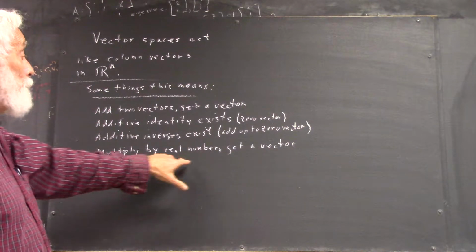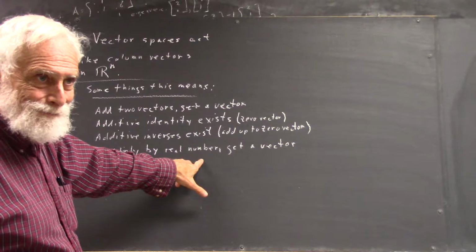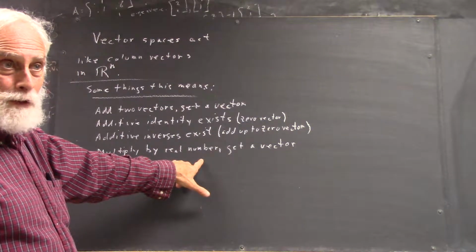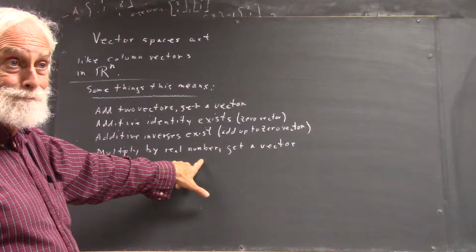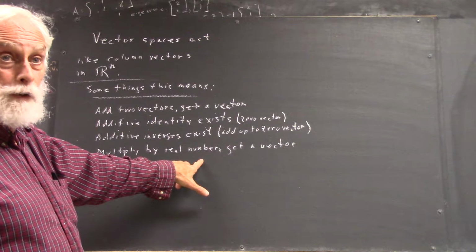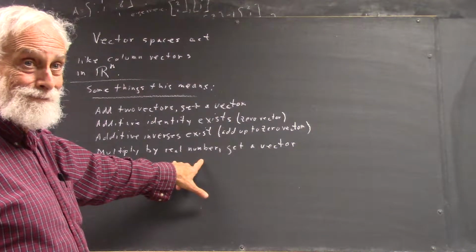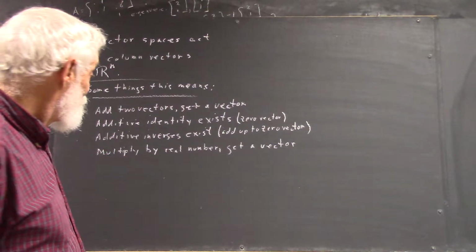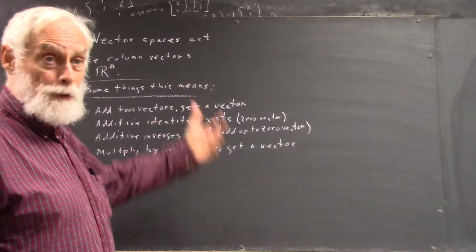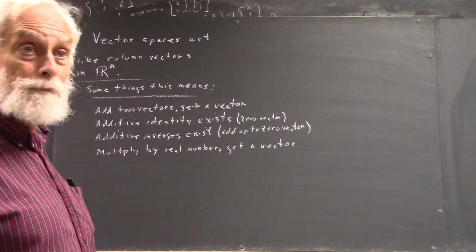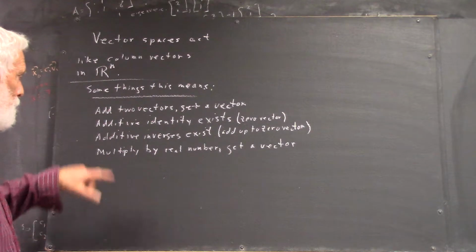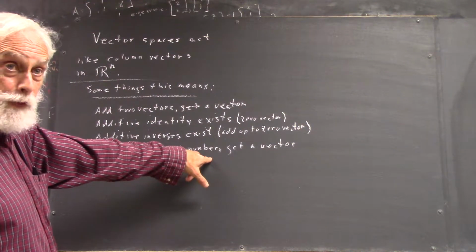Again, it's not always real numbers, okay? Could be members of any field, but you don't know what a field is and you're not going to in this course, except complex numbers. They form a field too. So you can say the same thing, but this is where the integers fail.